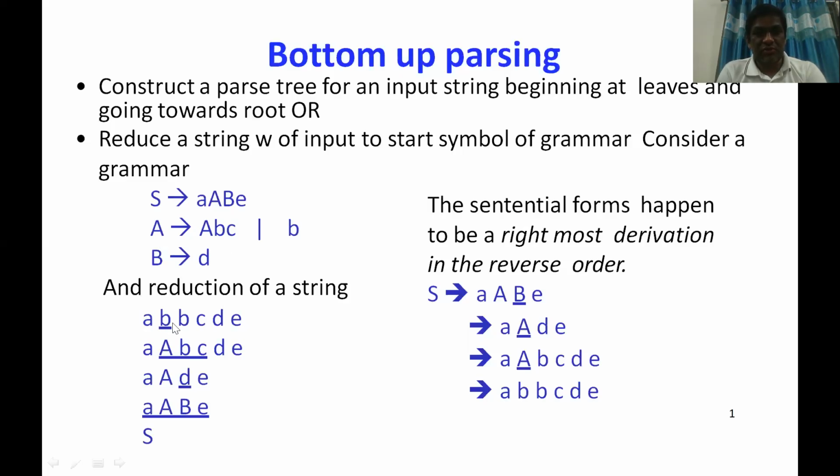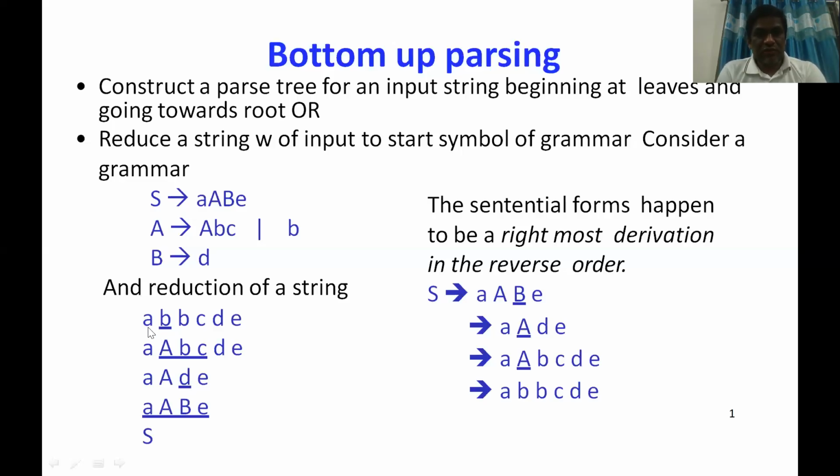That means we want to construct a parse tree as a bottom-up parse tree. The process will be, we begin with the string, and we try to reduce the symbols in the string so that we get this start symbol S. So let us understand this process.